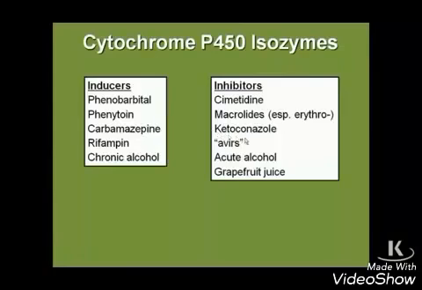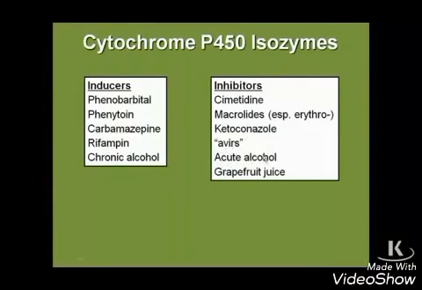The antifungal drug ketoconazole, very, very classic inhibitor as well, one to remember. The AVIRs, you might remember these as antiviral drugs, and specifically these are protease inhibitors used in HIV. So all of the drugs that end in AVIR, the AVIRs, are P450 inhibitors.